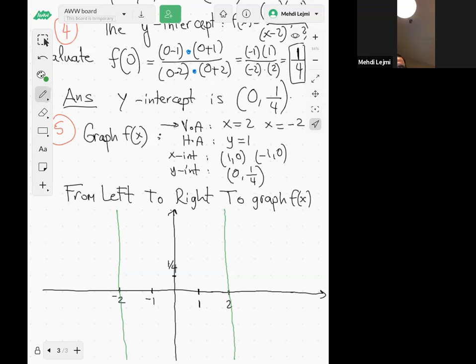Now I have my horizontal asymptote. I forgot, so here should be 1 here. Let's say here's 1. So 1/4 and 1. So the horizontal asymptote, that's a horizontal line, of course. That's y equals 1. So it's going to be right here.